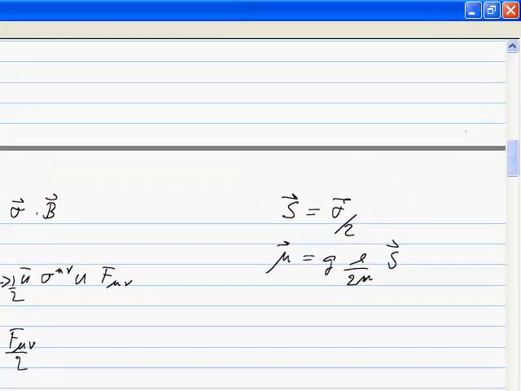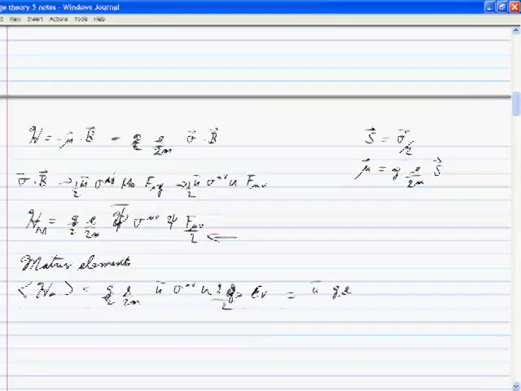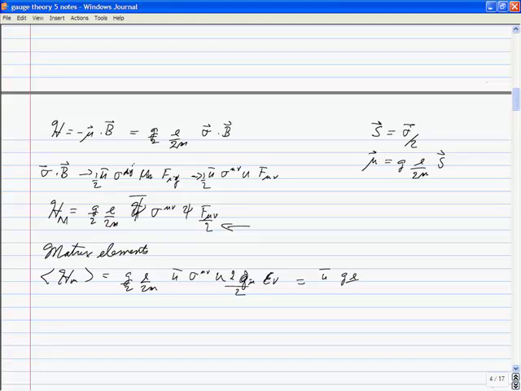I'm missing, I hate to blow this factor of 2. Oh, there was a 1, that's the factor of 2 I'm missing, over 2. Right, I had an F mu nu over 2.